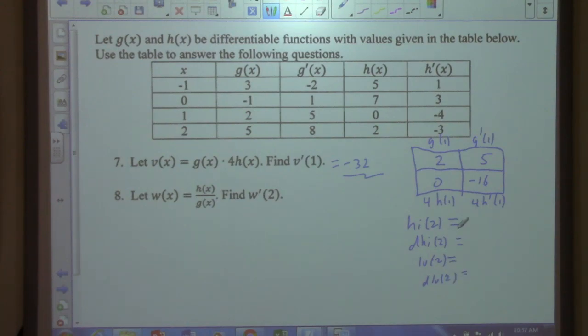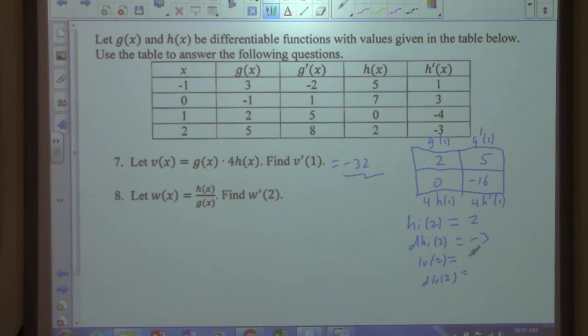So what do we get for all these? High is h, right? And 2 is what we're interested in. So is that 2? And negative 3. And then we have 5 and 8.